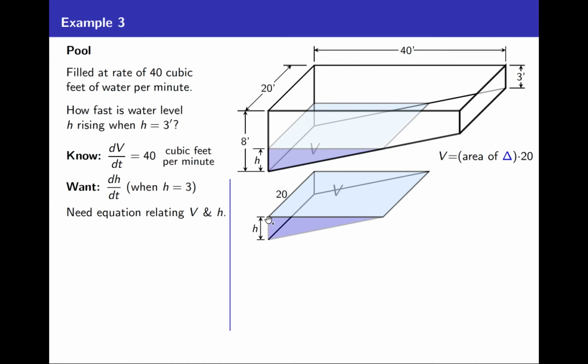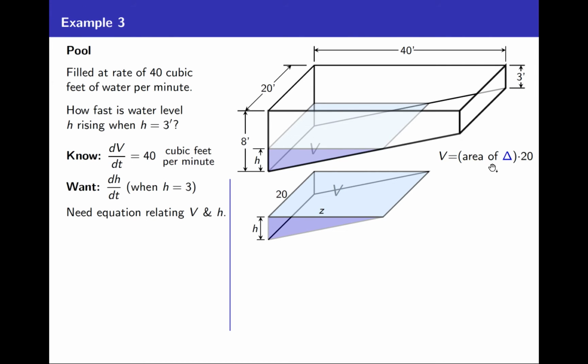Now we need to find the area of this triangle. A triangle has an area of 1/2 base times height, and here the height is h, and its base would be this length. Let's call that z. Notice that z changes with h. As h increases, this horizontal part of the prism, z, changes as well.